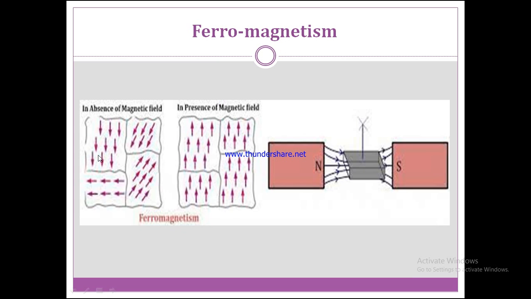The first part, which was in a downward direction, is converted and lines up. Those which are inclined also line up, and those magnetic dipoles aligned horizontally also line up in the upward direction. So this is the property of ferromagnetic material, shown by means of the dipole moment direction.